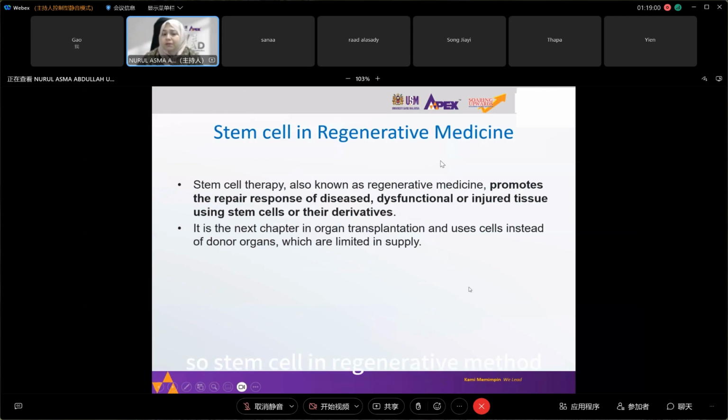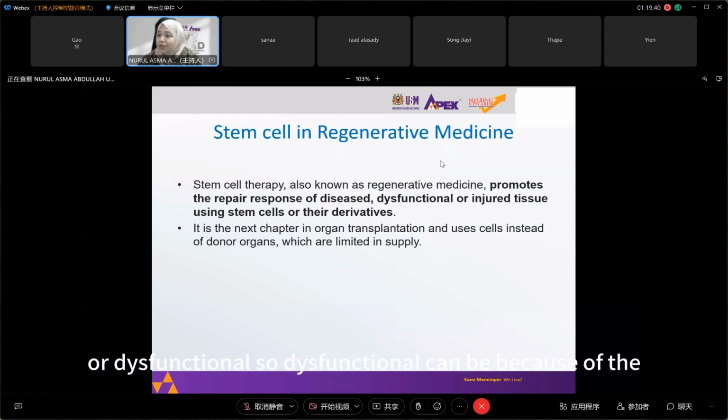So stem cells in regenerative medicine promote the repair response of diseased, dysfunctional or injured tissue using stem cells or their derivatives. The main aim of regenerative medicine is to promote the repair of diseased, dysfunctional or injured tissue. Disease means, for example, if you have a bone tumor and you remove certain parts of your bone, the bone has to be replaced so that you can still function as normal.